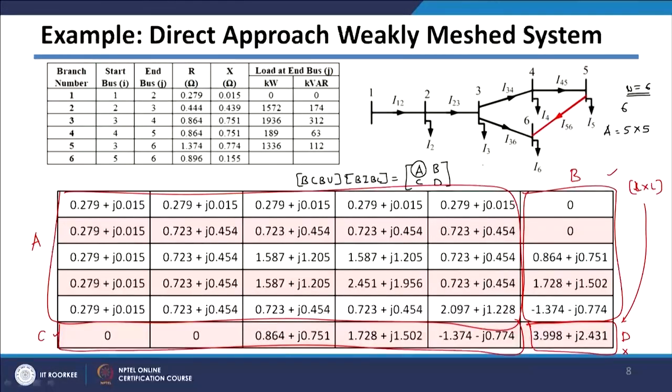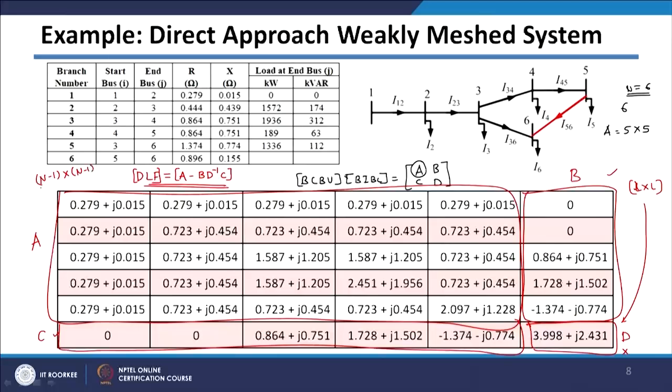And then we have seen that the distribution load flow matrix DLF we have got is equal to A minus B into D inverse into C. And if you do this operation, we have seen that the size of this DLF matrix is basically n minus 1 multiplied by n minus 1.